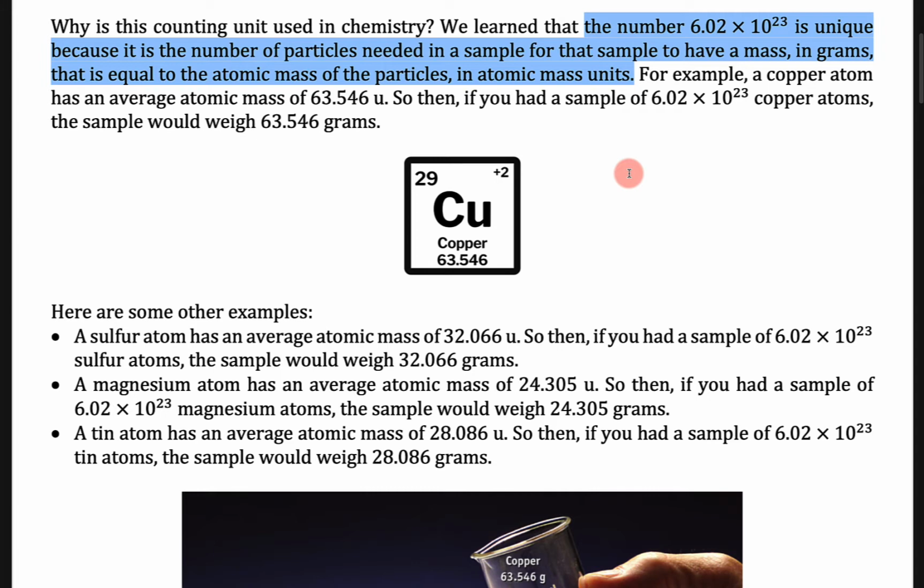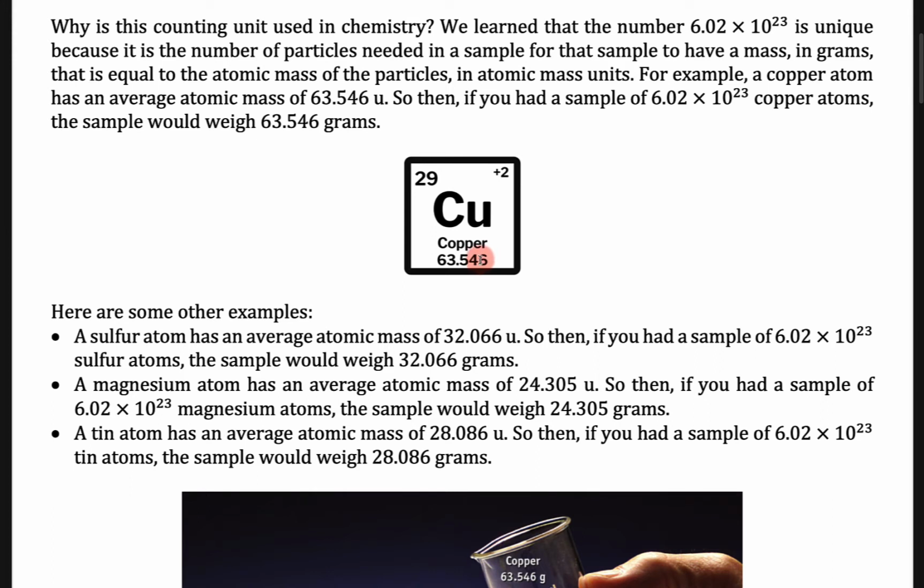Before we see some examples, though, let's remind ourselves of how atomic mass units work. So, copper atoms have an average atomic mass of 63.546 atomic mass units.